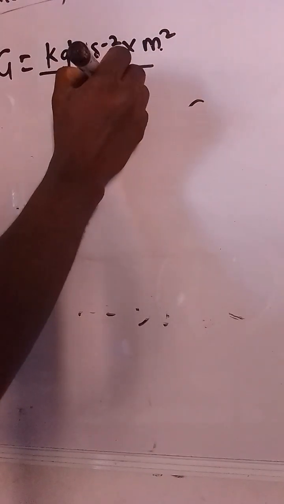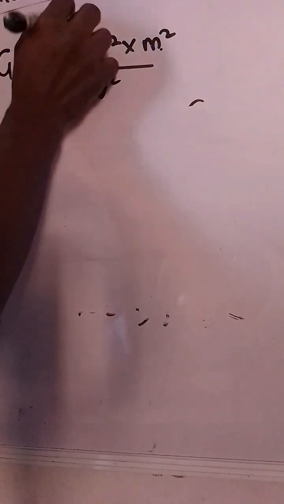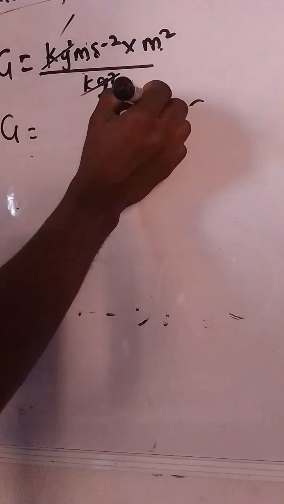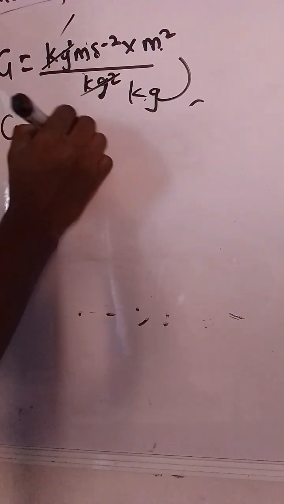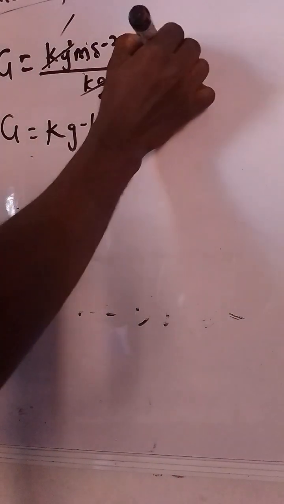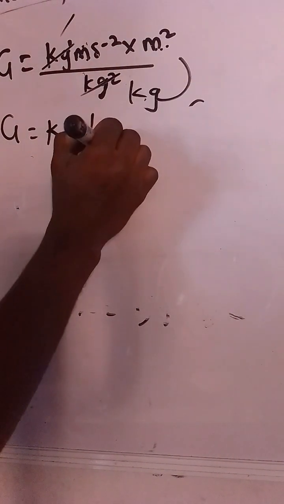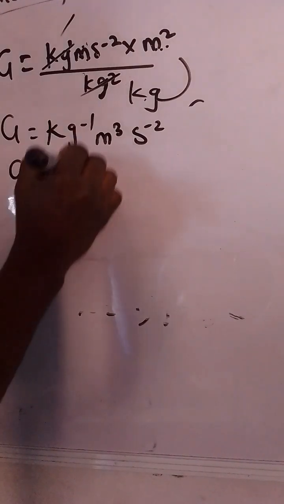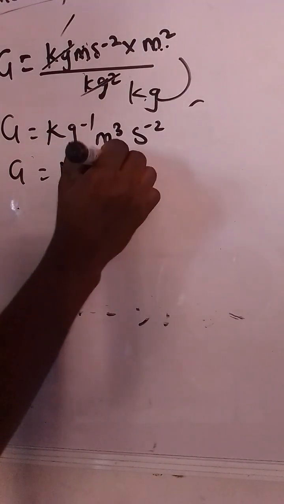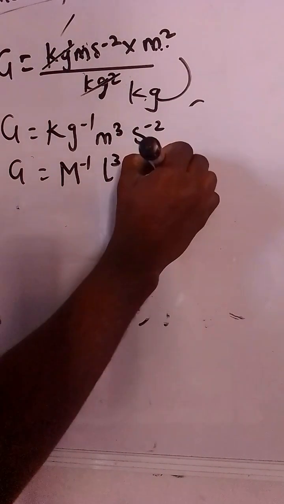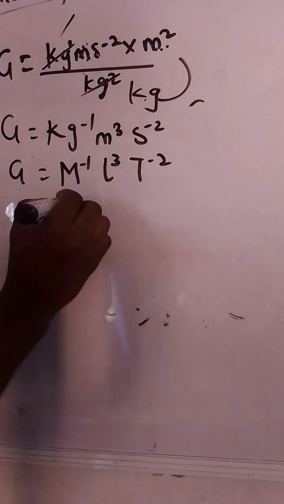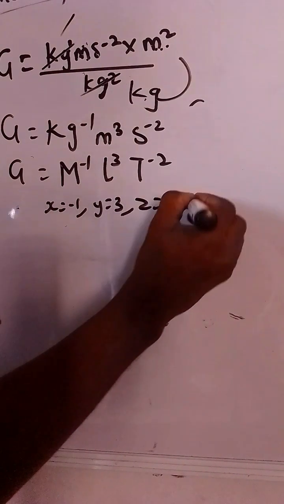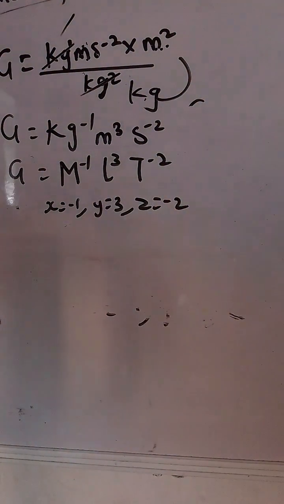Since I have two here, one can go, and that means we have one left, that is per kilogram. Meter times meter square is meter cube per second square. That is going to be the dimension: for kilogram it is minus 1, for meter 3, and for second minus 2. So my x can be minus 1, my y can be 3, and my z can be minus 2.